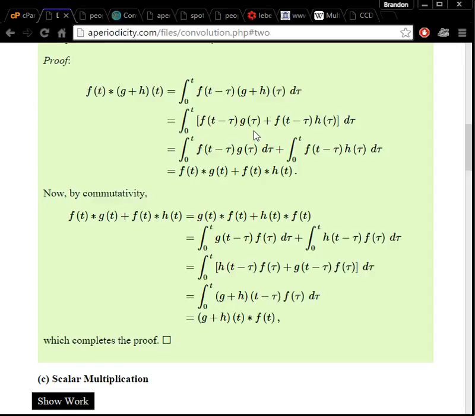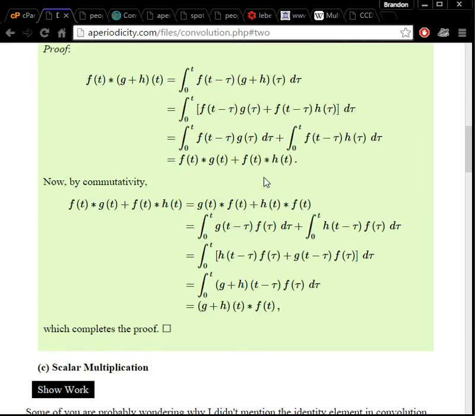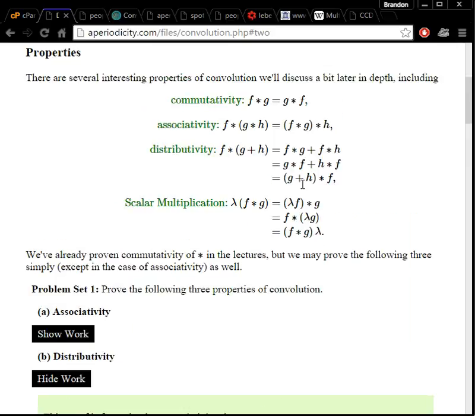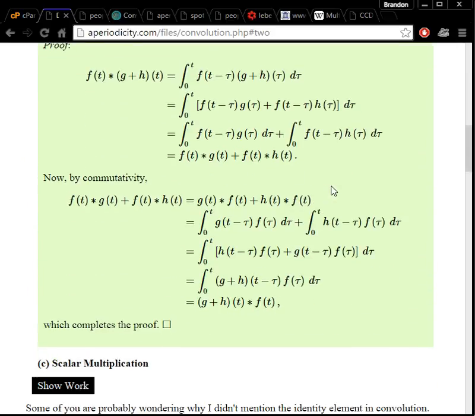Now back here in the integrand, we could have reversed the product of these two functions, and then by substituting u equals t minus tau, as we did in the lectures, we could reverse the convolution and obtain the opposite result, as I wrote up here, so g plus h convolved with f. But another route we could take is by using the commutativity rule that we've already proved.